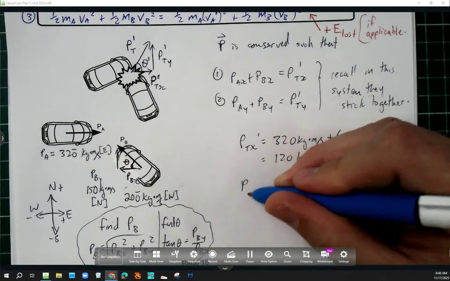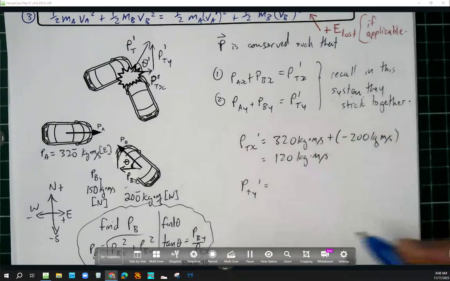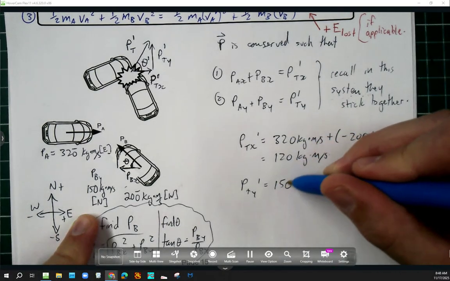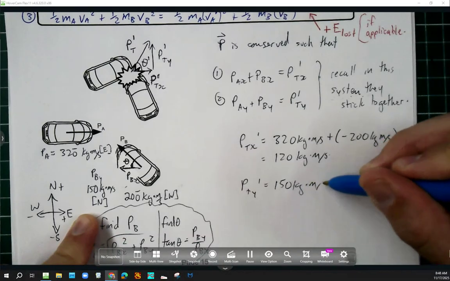P total y primed. Isn't that just going to be the y component of car A, or car B rather? So we already got that, 150 kilogram meters per second.